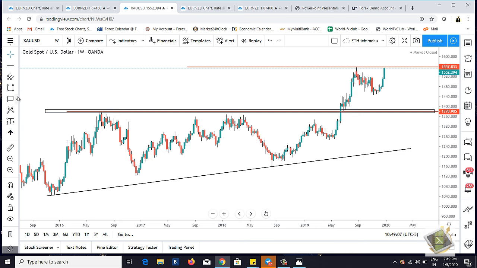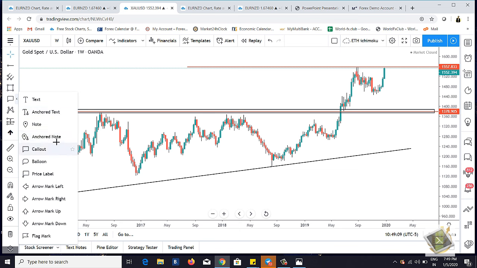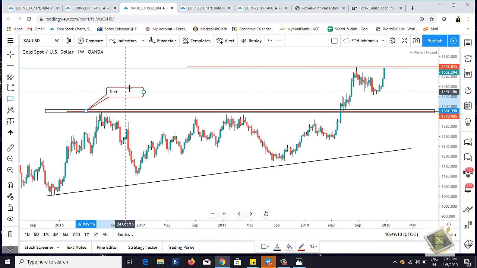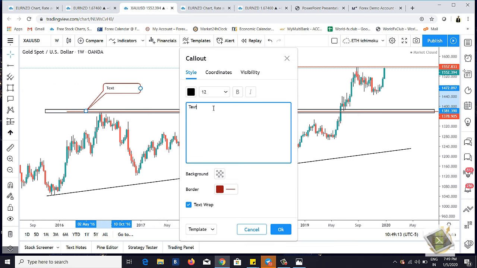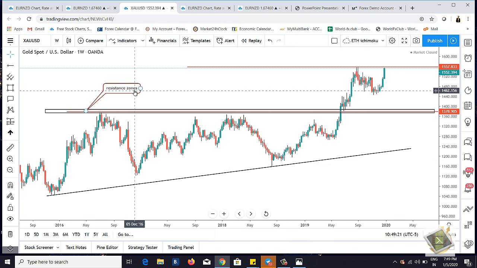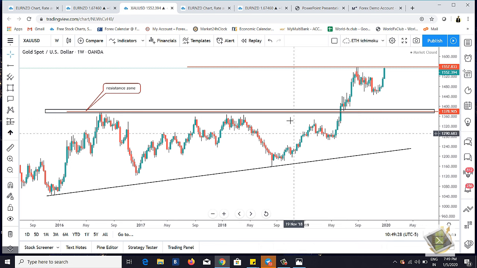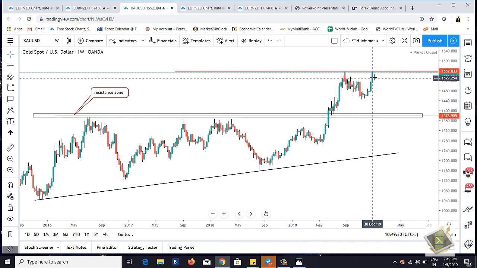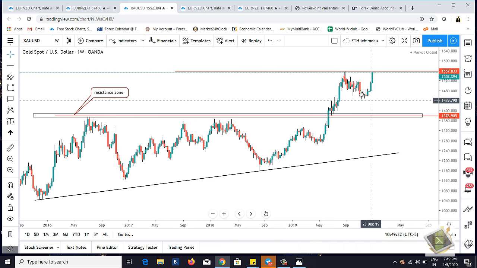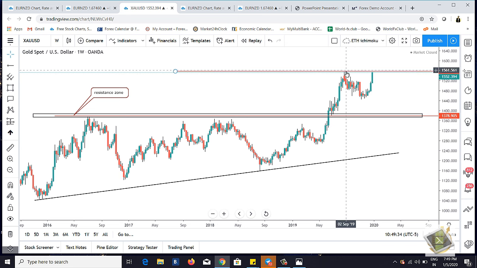I will write it here. Resistance zone. Okay, perfect. And I think this is also acting like a resistance zone. But we just experienced that price went down after touching this.